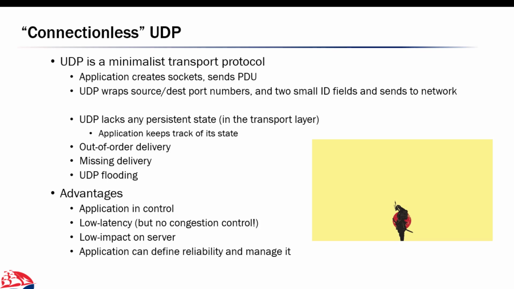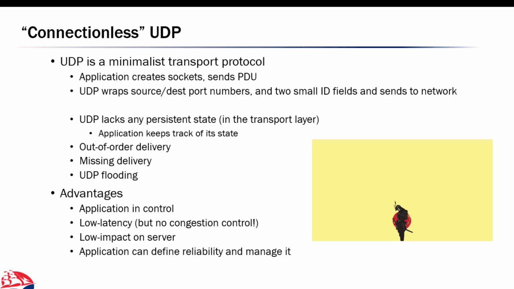So we've talked about UDP a little bit. UDP is absolutely a minimalist transport protocol. The application creates sockets, and then it sends those protocol data units into the transport layer. UDP is going to wrap source and destination port numbers in those two ID fields to send over the network.